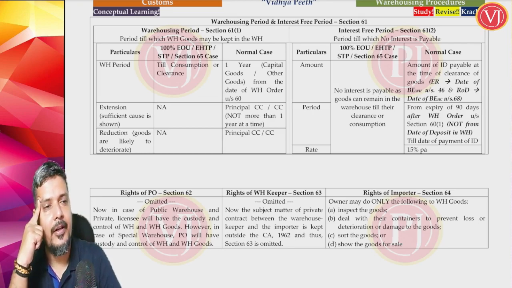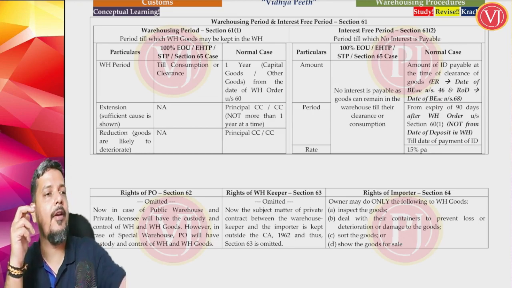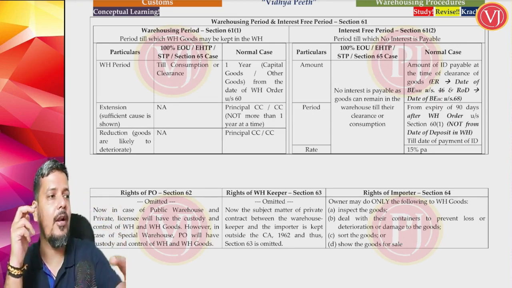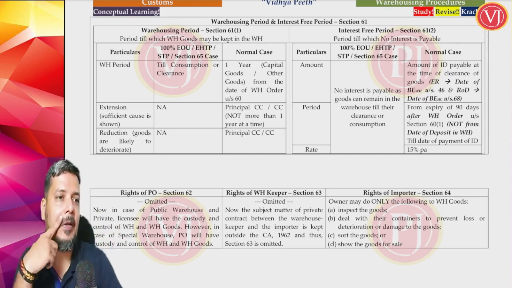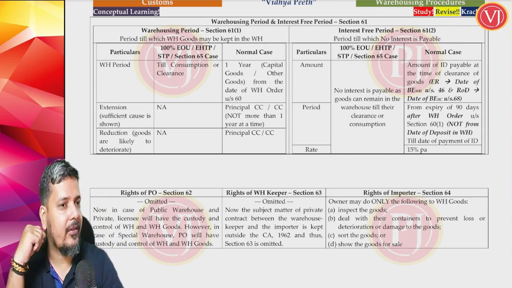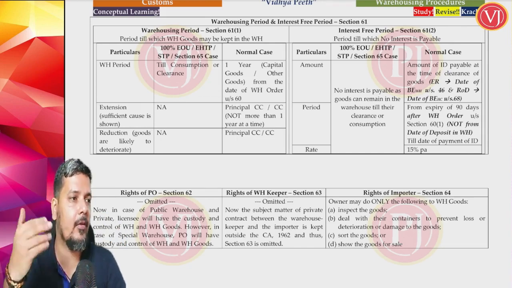Then 59, warehousing bond. 59 will not come alone. It is the bill of entry for warehousing under section 46 along with the warehousing bond under section 59. Then followed by section 60, warehousing order. The officer will give the warehousing order.